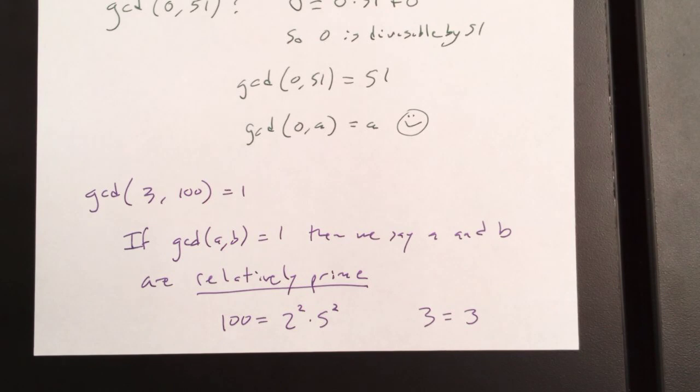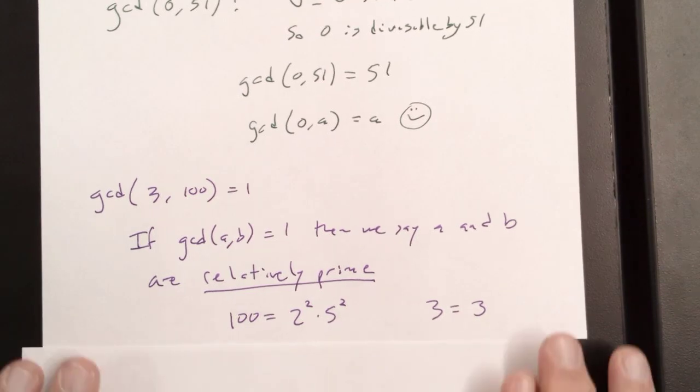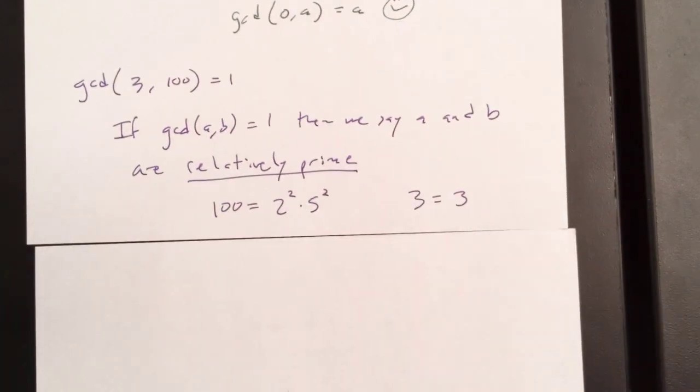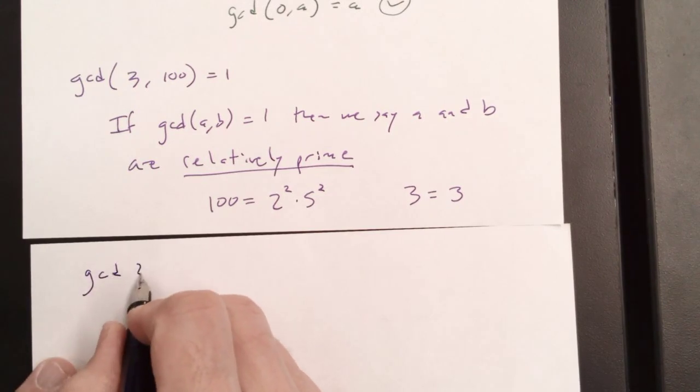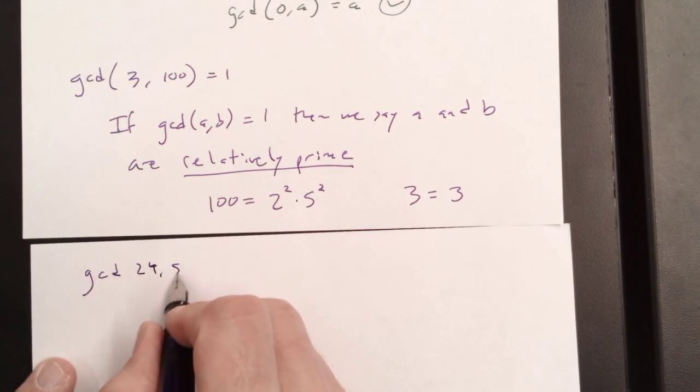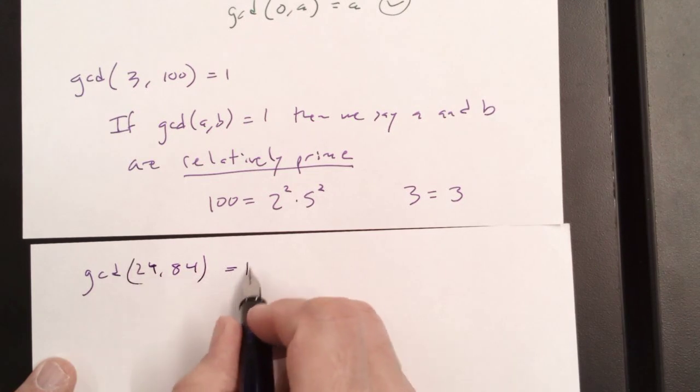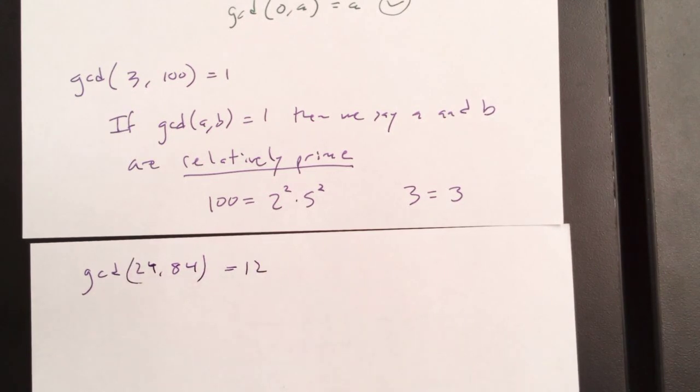So what if my greatest common divisor isn't 1? We had one where the greatest common divisor was 12, right? Let's go back and look at 24 and 84 again. I know that's 12. But instead of figuring it out by listing all the divisors, let's write the prime decompositions again.